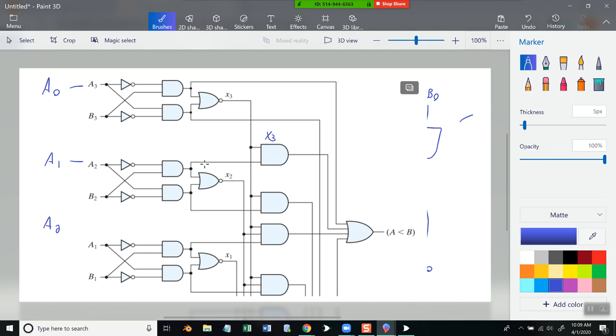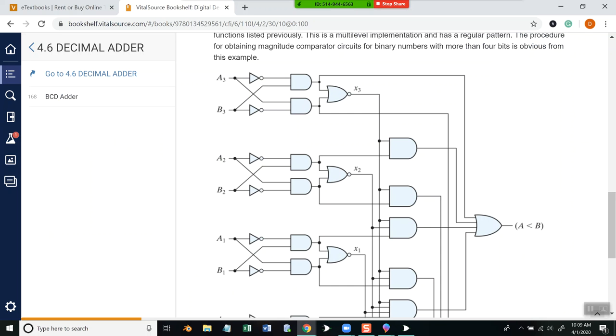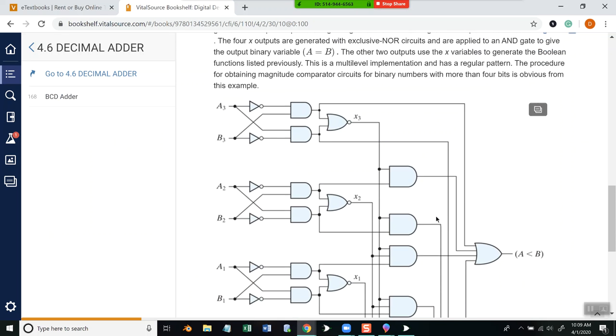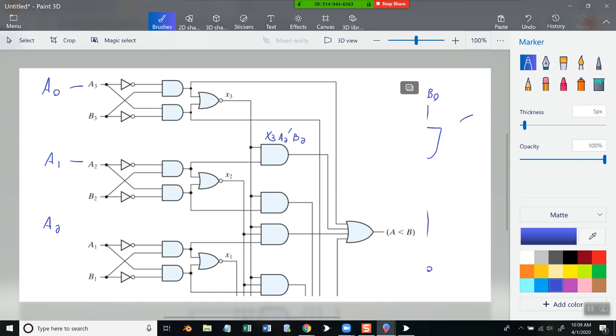This is coming in here as an AND coming from here, which is this AND, which is A2 prime, and this is B2. I guess I was looking at the wrong one. X3 A2 prime B2.